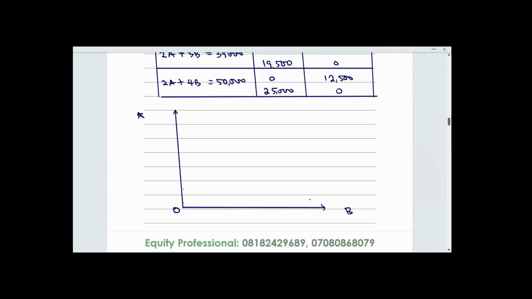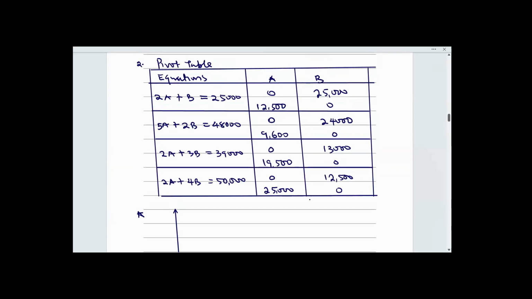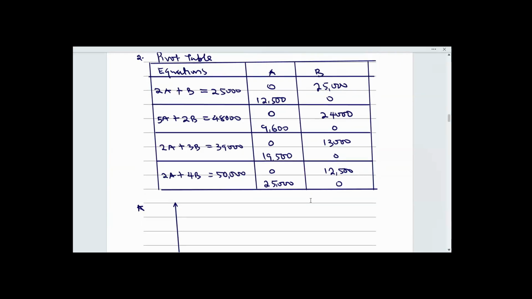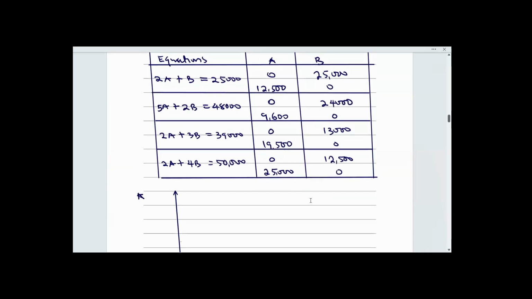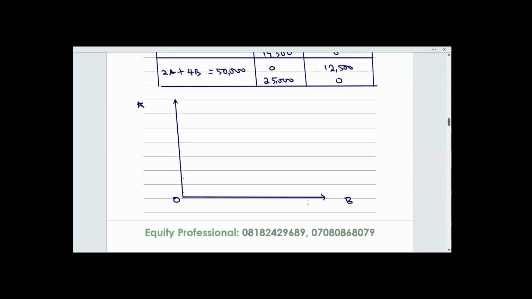All right. So for A, in the first equation, before that, let's scale our graph. Highest is 25,000, lowest is 9,600. So let's use 5,000 each. So let's say this is 5.